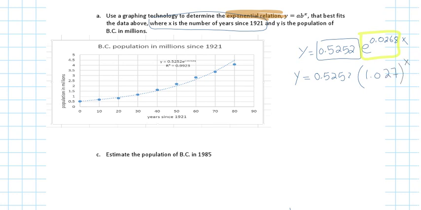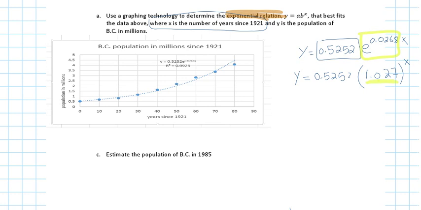So we had to change the e to the power of whatever the exponent is to an actual base. So what's my growth factor here? My growth factor is 1.027.